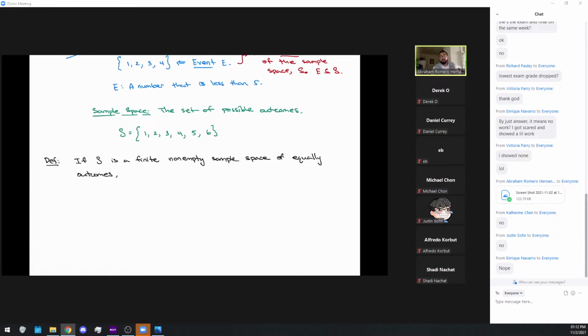Now, what do I mean by equally likely outcomes? In other words, each number in here, for this example, has an equal likelihood of coming out when you roll a die, or it has an equal probability. And E, the event, is an event that is a subset of S.